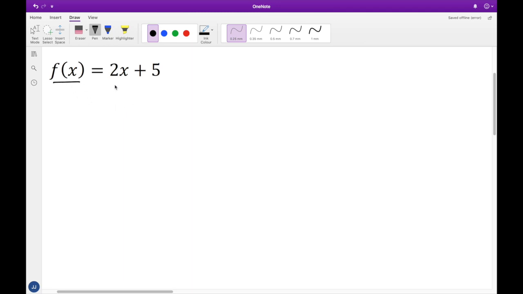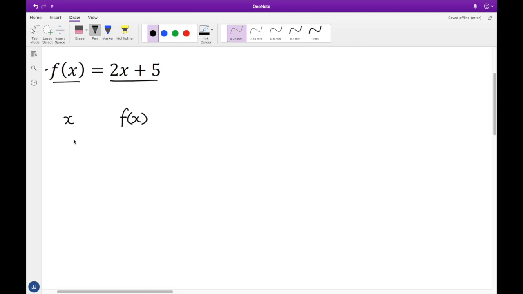Well, let's just check out the normal function, f of x here. And this f of x is 2x plus 5. Let's draw a mapping diagram. So I'll have my domain, which is my x values here, and that'll map on to my range, which is the f of x values or the y values, right?